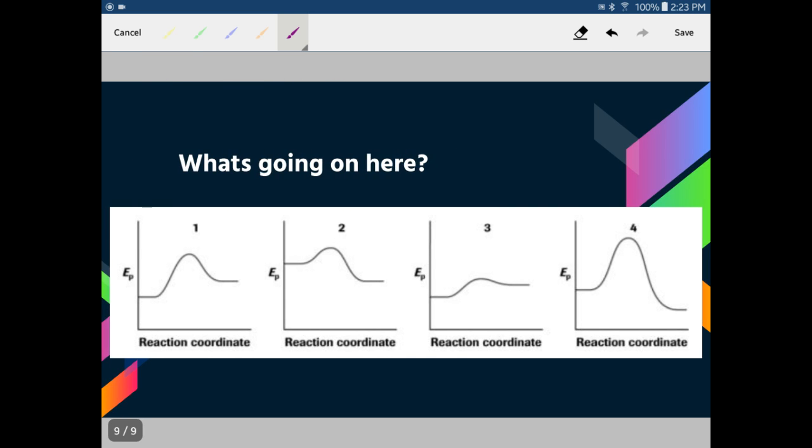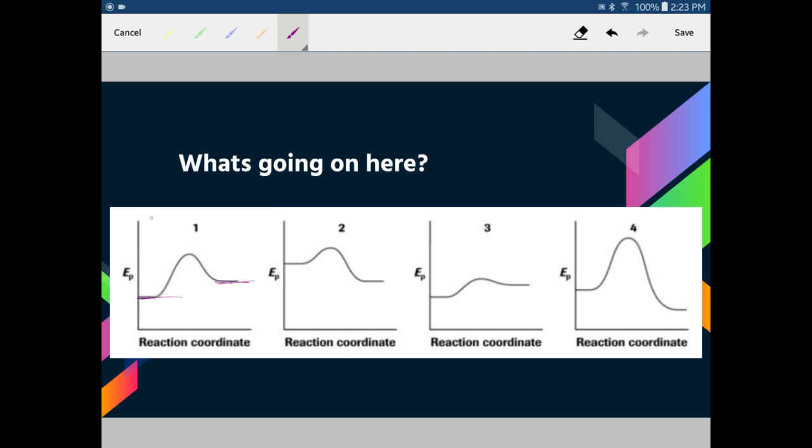So let's just take a look and see if we can figure out these few reactions 1 through 4 and just get a better understanding of identifying these as endo or exothermic and the amount of activation energy required. So in this first reaction, we see that our reactants are here and our products are here. Okay, this is what type of reaction?